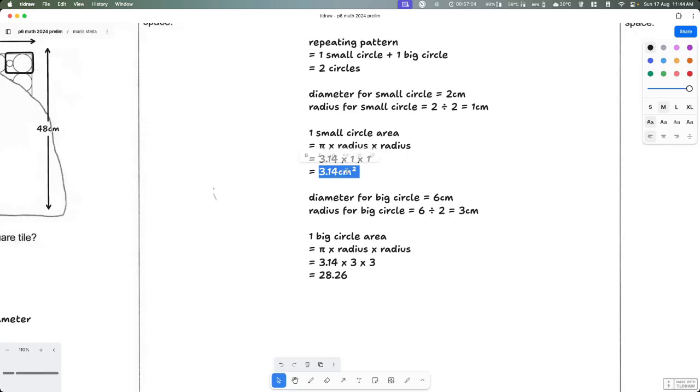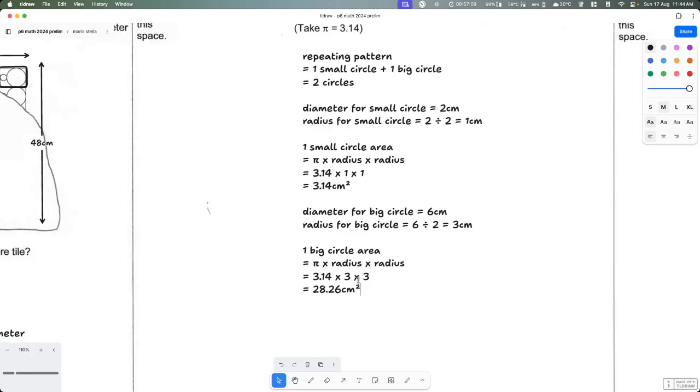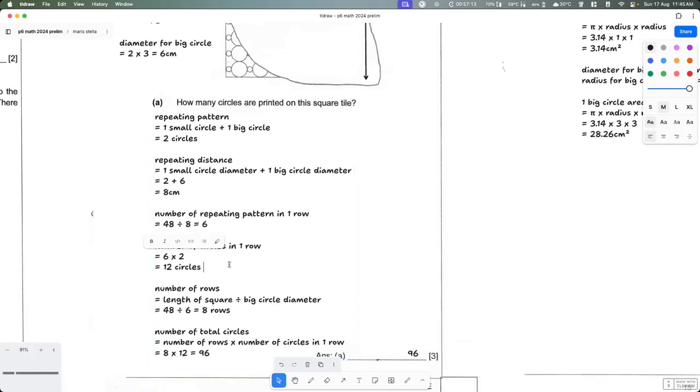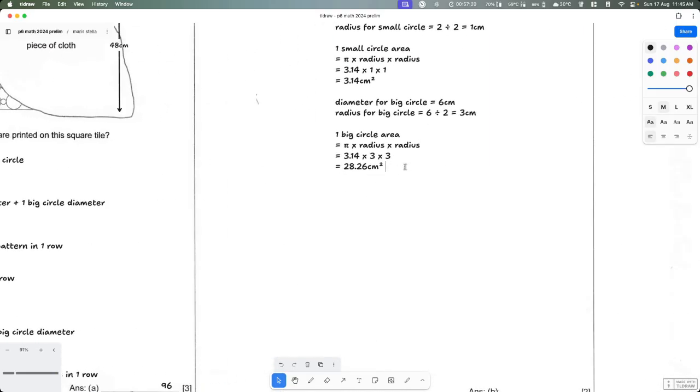Right? So in this case, we have one small circle and one big circle. The number of circles in one row is 12 circles, which is basically half, right? So the total number of small circles is 96 divided by 2, which is 48.